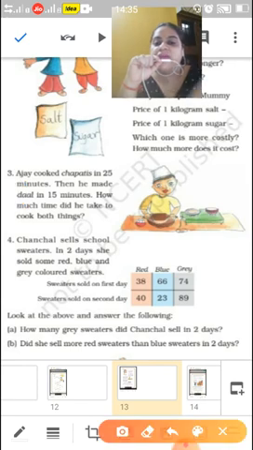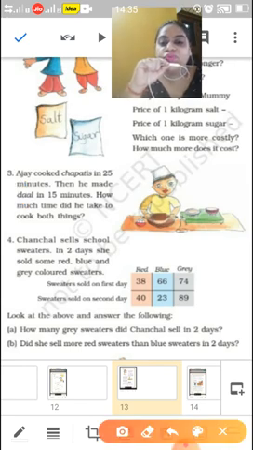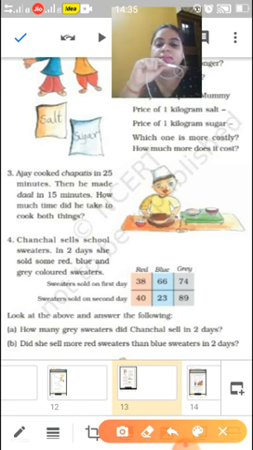Next, Chanchal sold school sweaters in 2 days. She sold some red, blue, grey colored sweaters. Here are the sweaters, red, blue, grey. How many grey sweaters did Chanchal sell today?